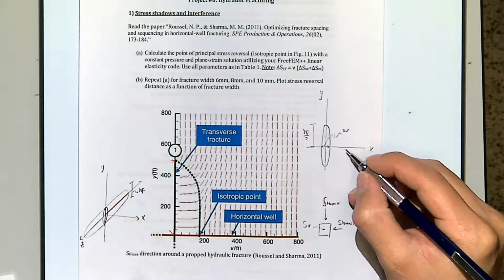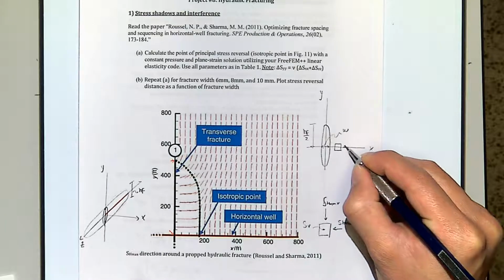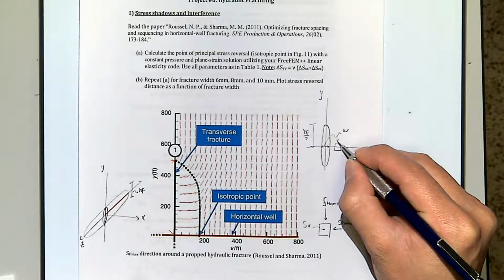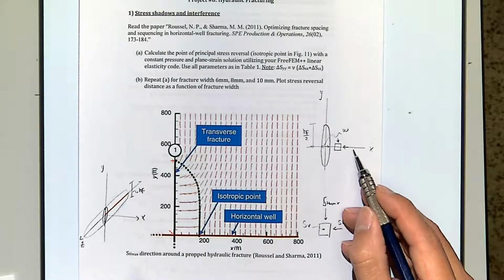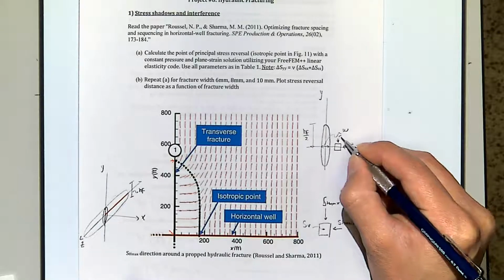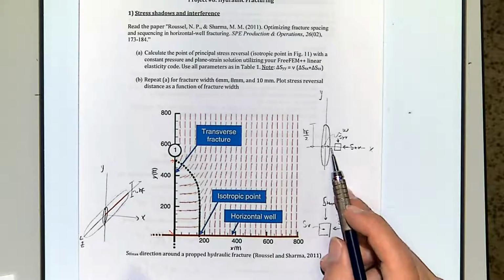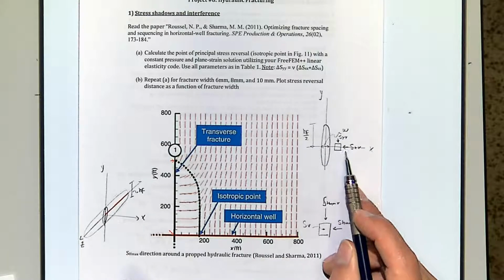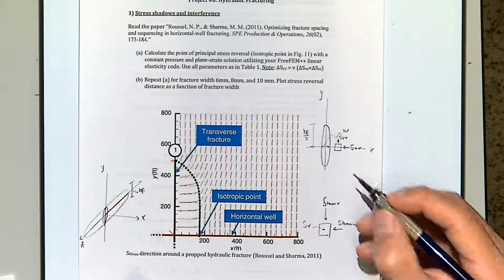You need to calculate the alteration of stress in this direction, in this direction. That comes out from SXX and SYY. So right, this will be SXX, this will be SYY. And notice that this is in the vertical direction, this is in the horizontal direction, which was originally SH min.